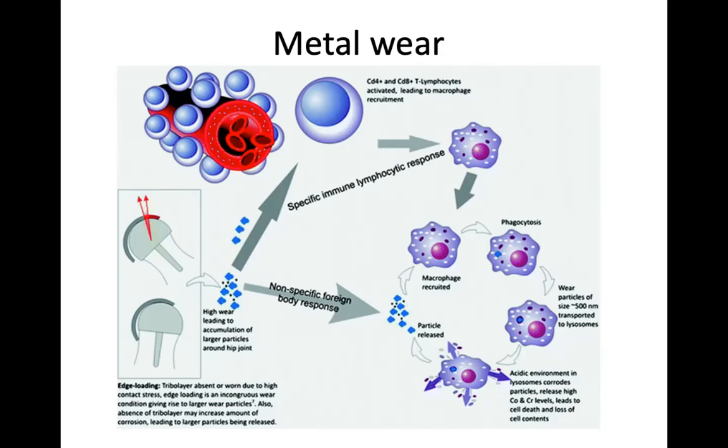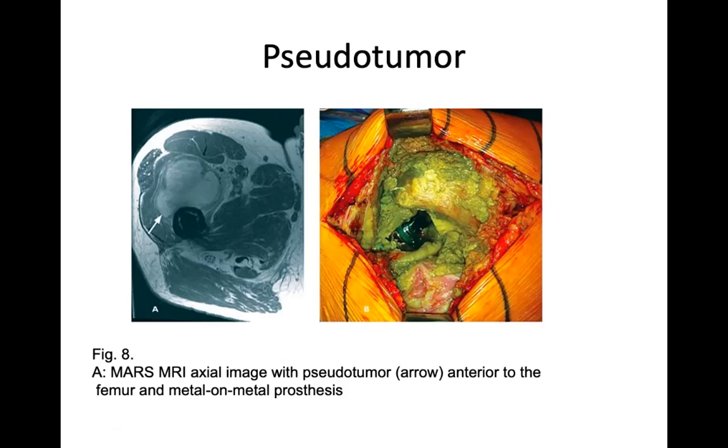Alternatively, you have phagocytosis of wear debris by macrophages. All these processes lead to stimulation of macrophages, osteoclast stimulation, osteolysis, as well as death of macrophages and local tissue necrosis and damage. And that can lead to an extremely malignant process with pseudotumor formation.